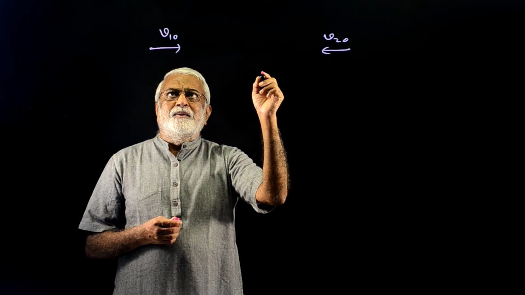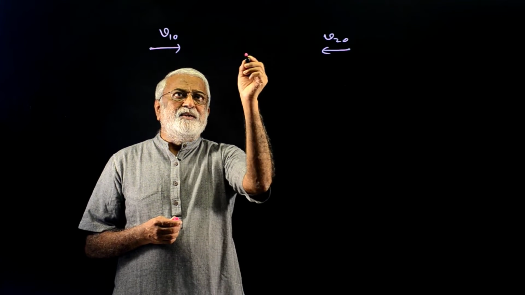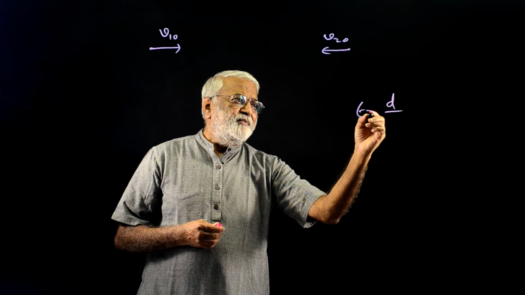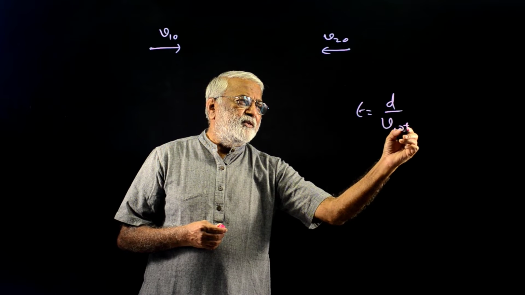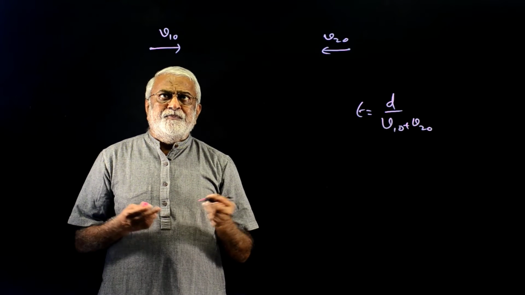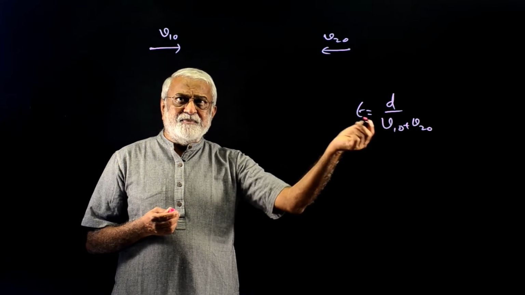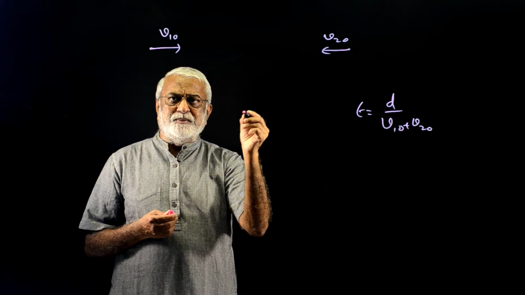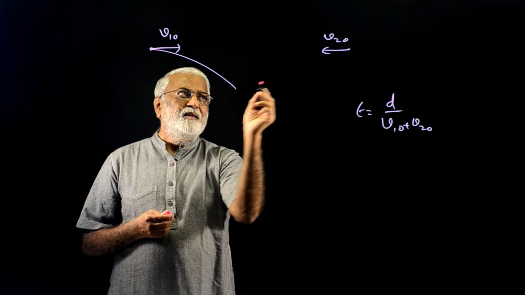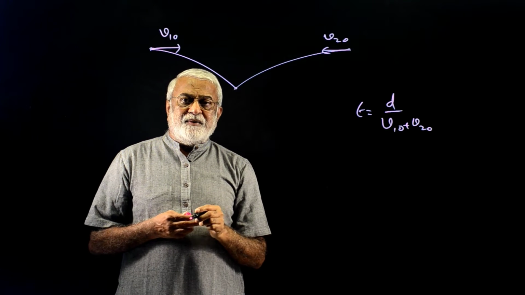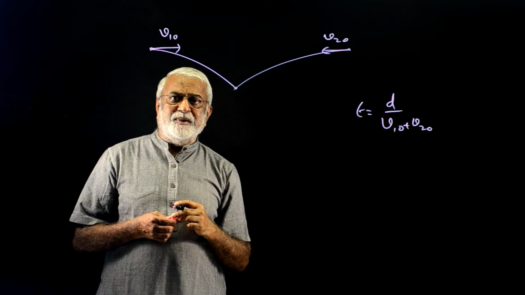So, well, if this distance is d, they would have met at a time t equals d by v1 0 plus v2 0, and this is going to happen in the same time, but not at this position. It will be half gt squared below. So this would fall, and they would collide half gt squared below the point of projection.